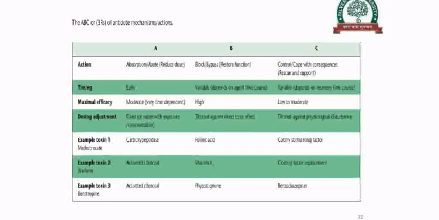Now, for example, there is a table that is available. There are the three ABC, which are known as the 3 R's. That means reduce, restore, and rescue and support. These are the 3 stages of care to be taken in handling poison cases.